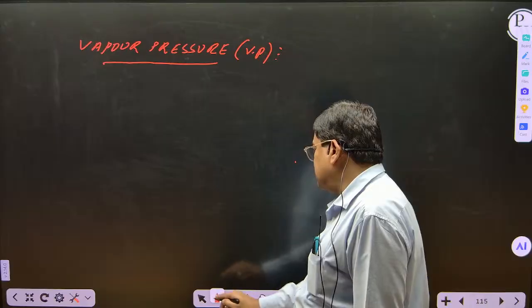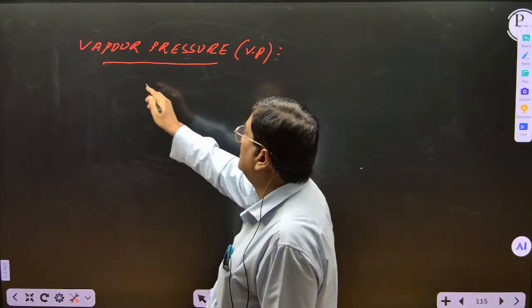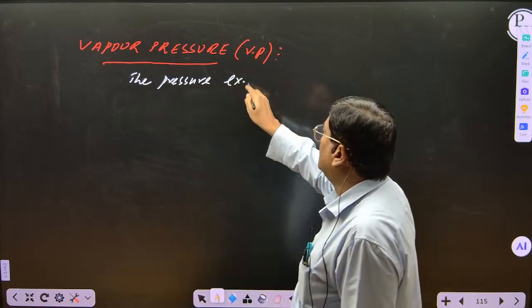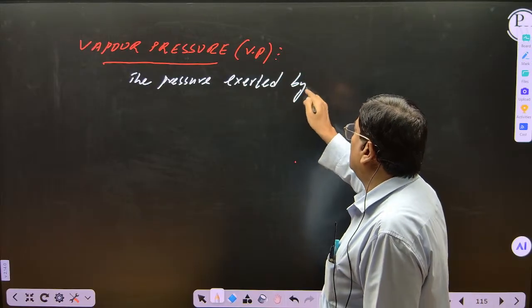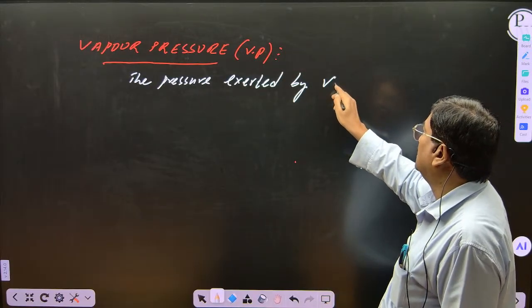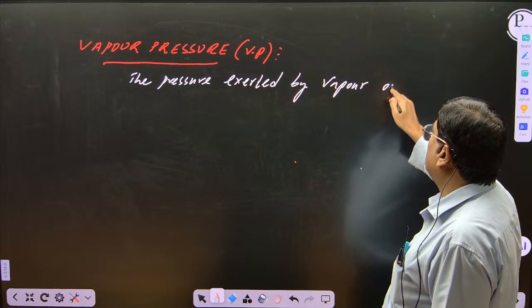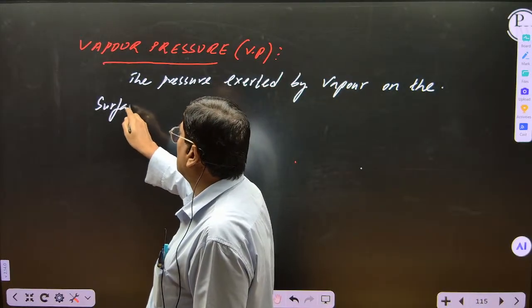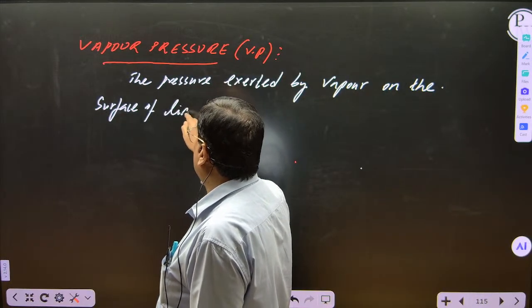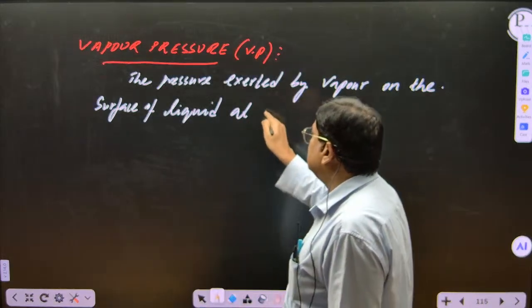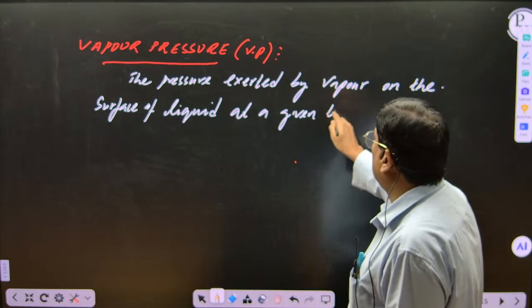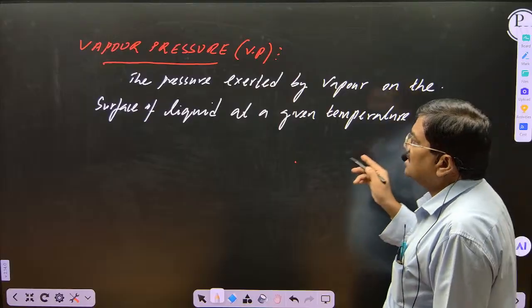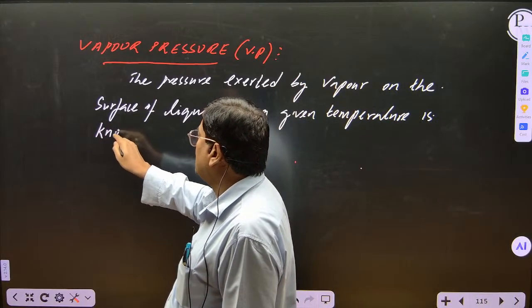The pressure exerted by vapor on the surface of liquid at a given temperature is known as vapor pressure.